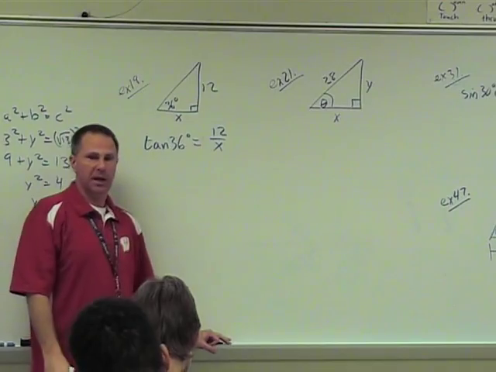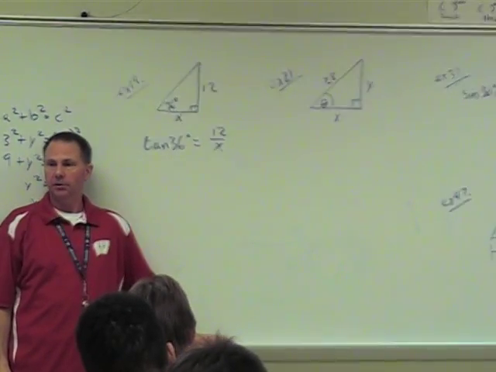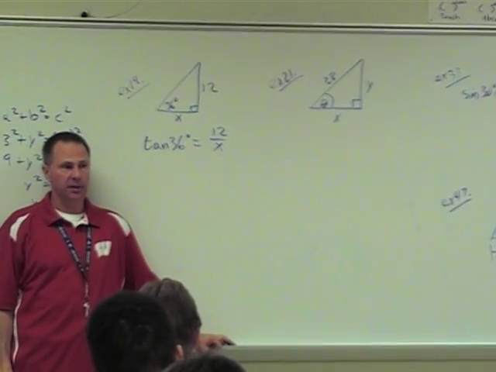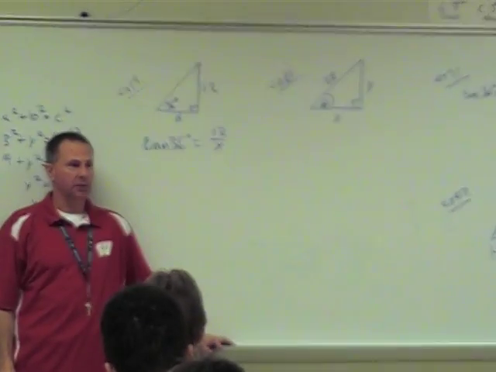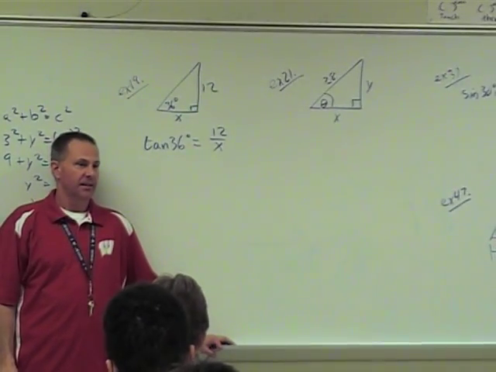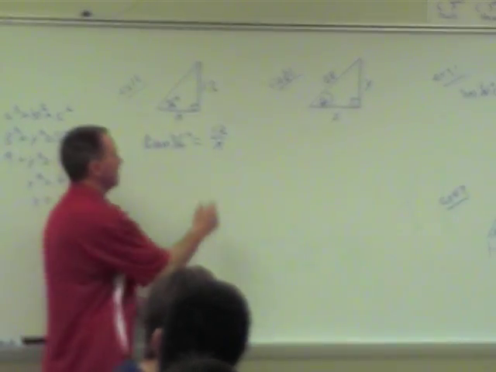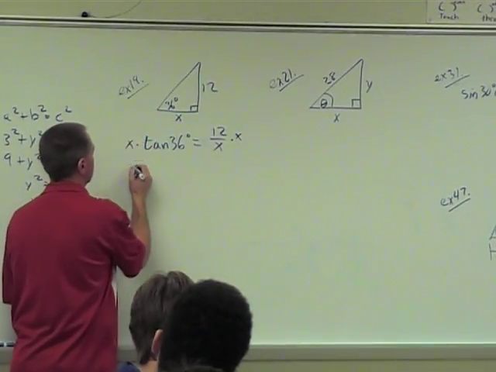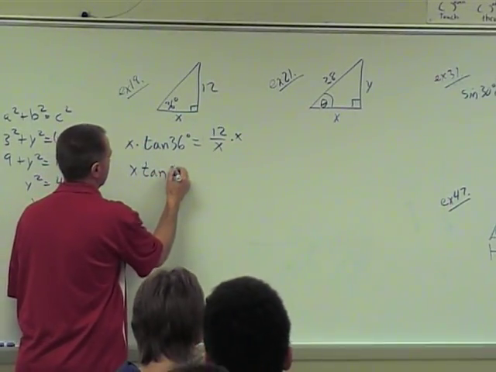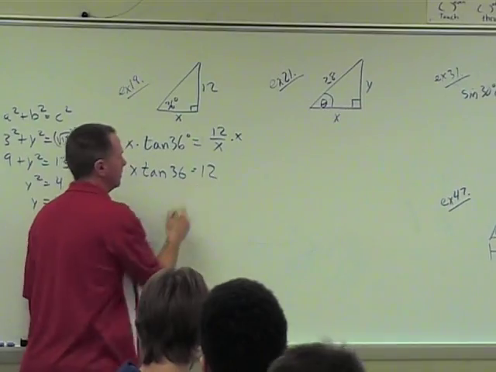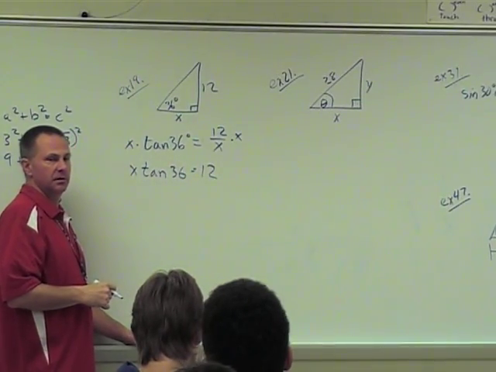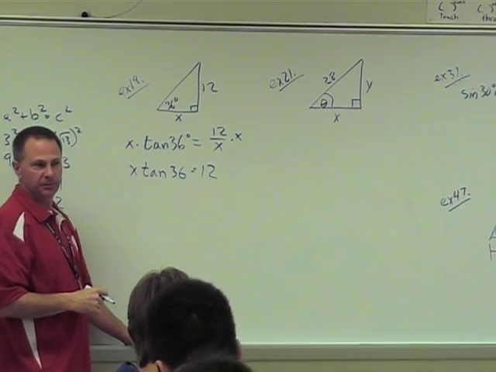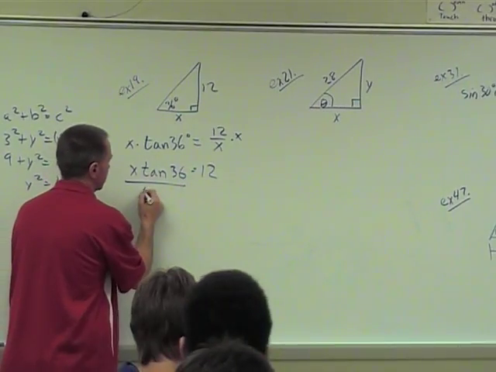And then it just becomes algebra at this point. Going to solve for x, but it's in the denominator. So what do we need to do? Multiply both sides by x to get it out. And then to get x by itself now, what should we do? Divide off the tangent of 36.